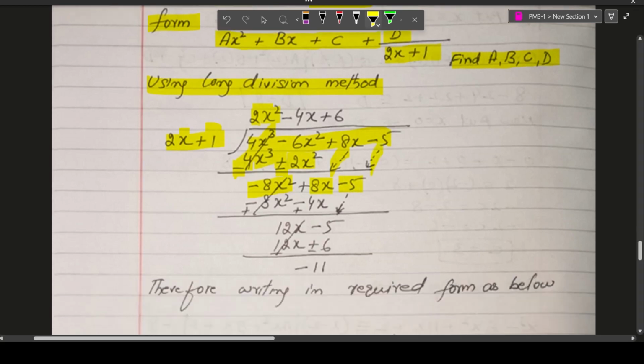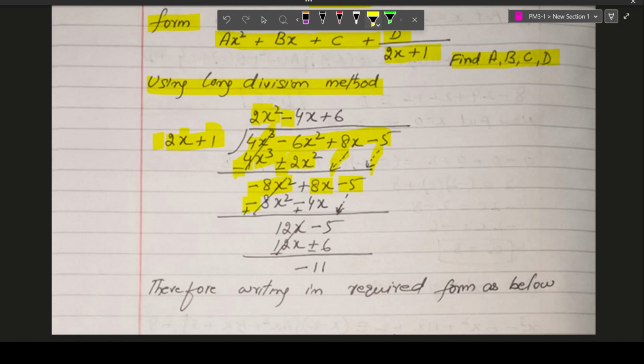Then we have to see how we'll get minus 8x square. So if you multiply it, because 2x has sign plus, but we need minus sign, that's why here we'll have to multiply this plus sign, although it is not written. If the sign is not written, that means it has a plus sign. So this plus sign will be multiplied with the minus sign, will give you minus.